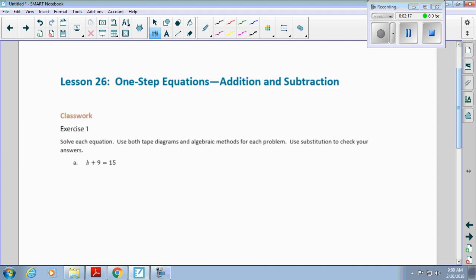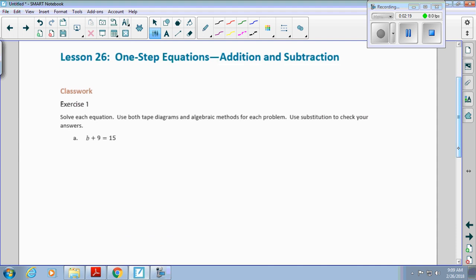So one thing I want to point out before we get too far into this is the difference between an expression and an equation. Does anyone know what the difference is? Yes? An expression is an equation without an equal sign. Perfect, yes. So b plus 9 is an expression. But down here, b plus 9 equals 15 is an equation because it has an equal sign.